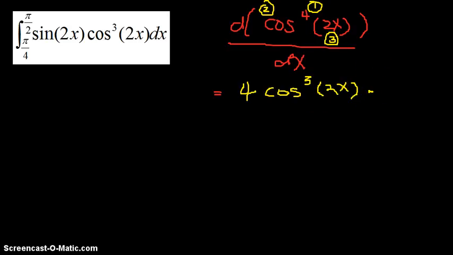Let me change to a different color, blue. The second one we have to differentiate is the trig function, the cosine. If I differentiate cosine 2x, I will get negative sine 2x. Then finally I multiply by the last one, the linear function, which is just a 2.